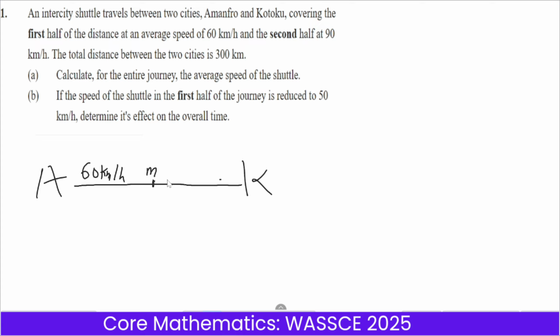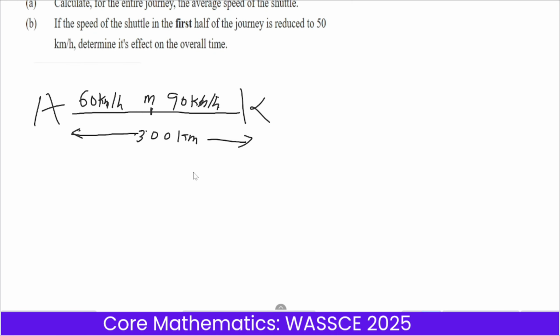And then the remaining half of the journey, the speed of the shuttle was 90 kilometers per hour. We are also told that the distance between the two cities is 300 kilometers. So now we have our problem nicely represented on the diagram.